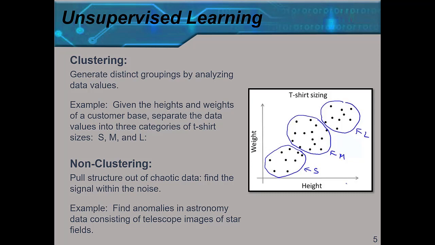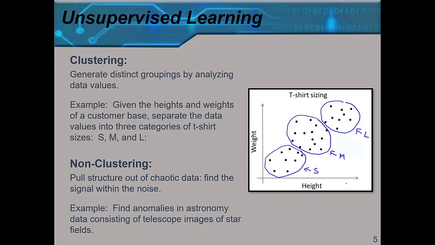You have the height and weight of a customer, and then you have these discrete values for height and weight. And then what you want it to do is to break that data into categories. And in the case of t-shirts, you probably are going to have categories of small, medium, and large.